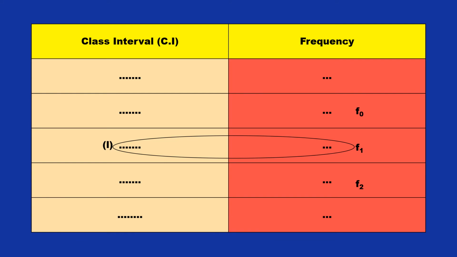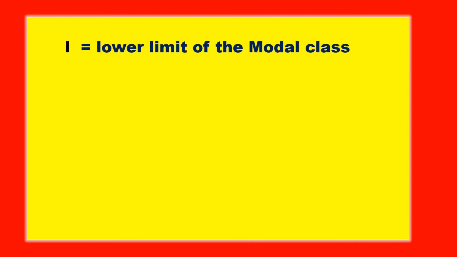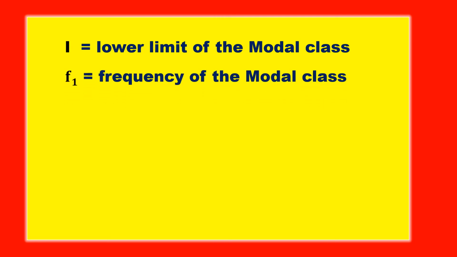Now let us explain each and every term. L means lower limit of the modal class. The same thing applies to the median also: L means lower limit of the median class. In median you should write median class, in mode you should write modal class. Next is F1, which is very important.